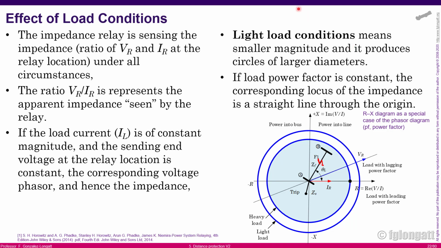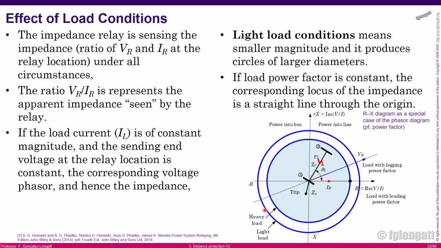I believe you can see here there are two circles: one big, that is the possible operating area coming from light loads or very small loads, and then a smaller circle, coming from heavy loads.